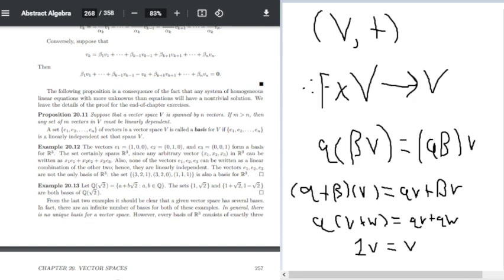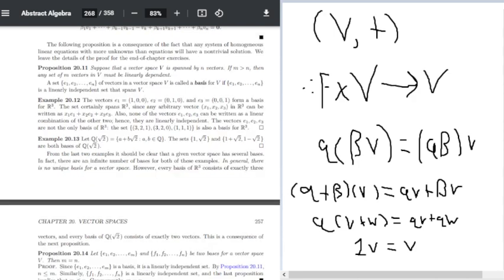A set e1, e2, all the way to en of vectors in a vector space V is called a basis for V if e1, e2, all the way to en is both a linearly independent set and that set spans V. So for example 20.12, the vectors e1 equals (1, 0, 0), e2 equals (0, 1, 0), and e3 equals (0, 0, 1) form a basis for R3.